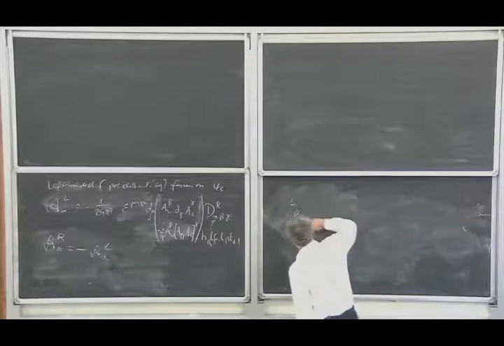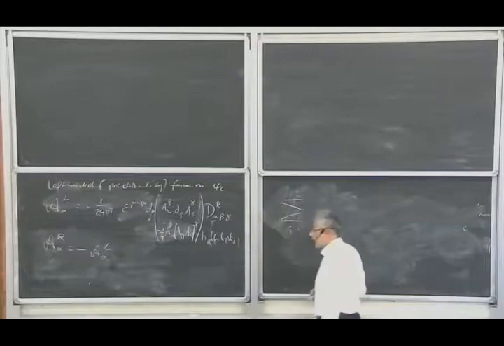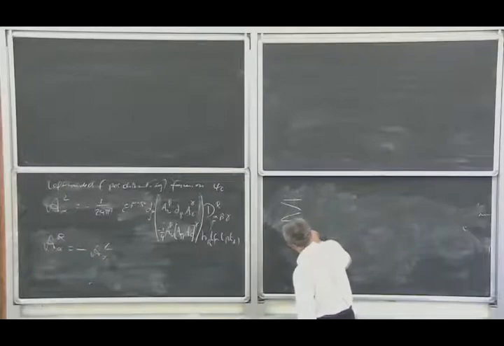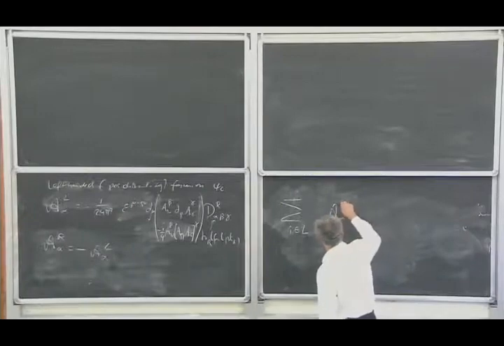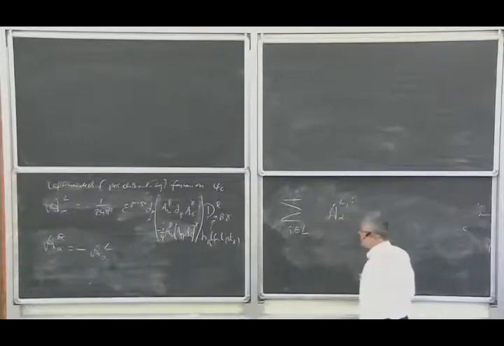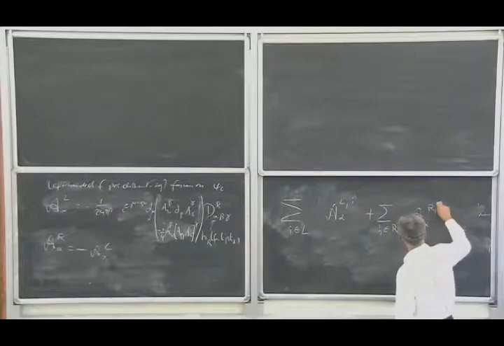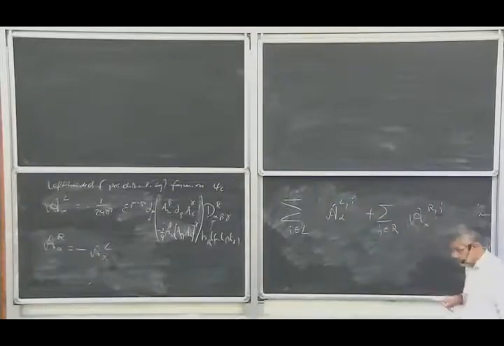So what I really need to look at is the total sum over all the particle types. I have my anomalies for the left-handed type I, and then minus all the contributions of all the right-handed ones. Well, I should add the right-handed ones, the right-handed J, but I know the right-handed are just the opposite of the left-handed ones.